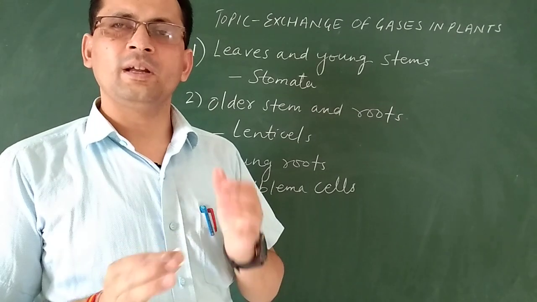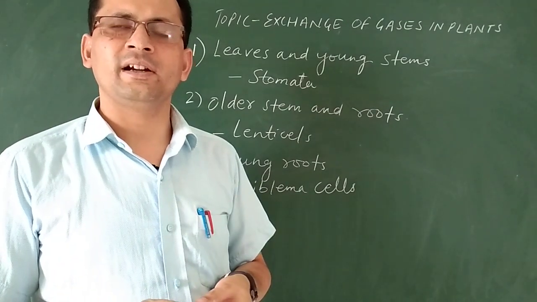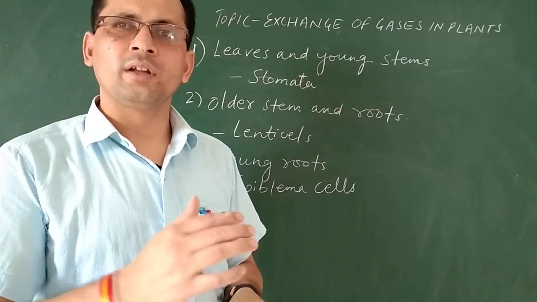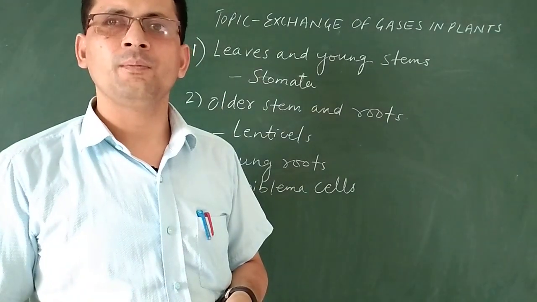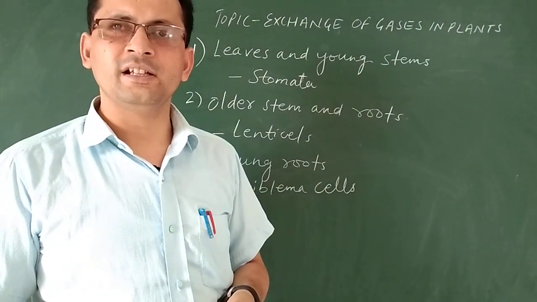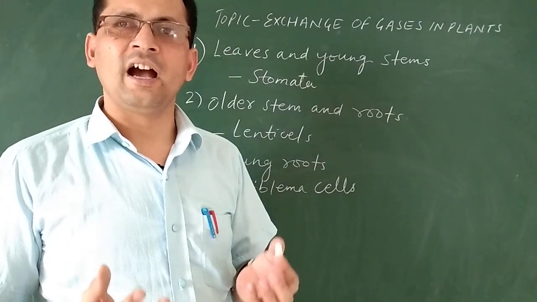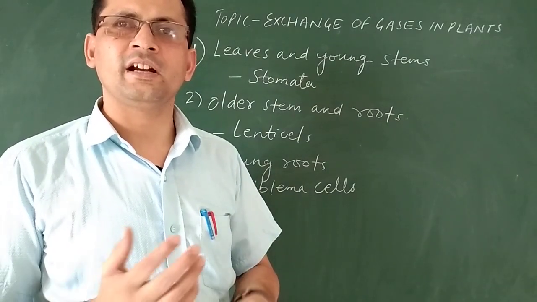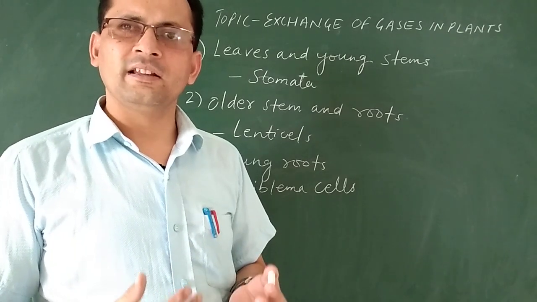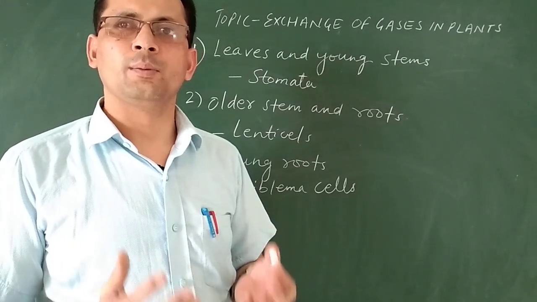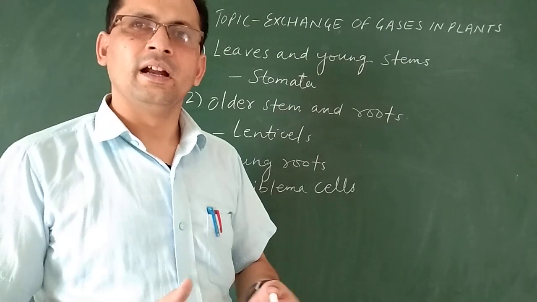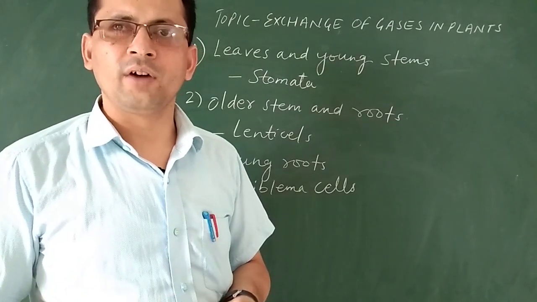When photosynthesis is completed, through these pores the oxygen is liberated into the environment. In this way the carbon dioxide exhaled by animals and human beings is taken in through stomata, and the oxygen produced in photosynthesis is released into the environment.